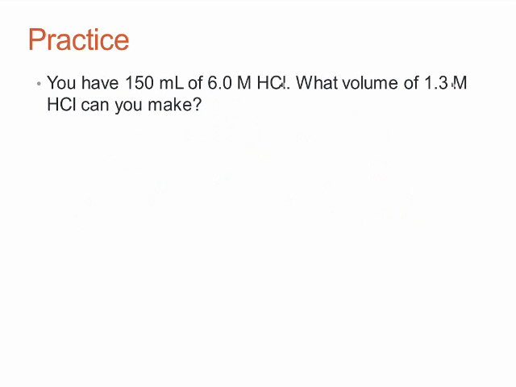Let's try this. If you have 150 mils of 6 molar HCl, what is the volume of a 1.3 molar HCl? Or what volume can you make of 1.3 molar? What's the new volume going to be? So obviously we diluted it. How much water did we add to it? So let's put this in. M1, 6 molar.